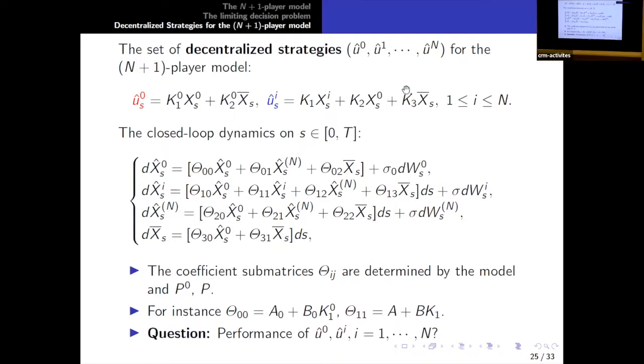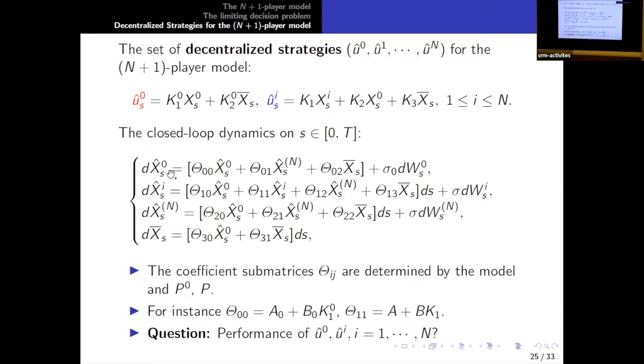So suppose we have solved the two master equations, then we can construct the decentralized strategies for the n+1 players. So we have the leader and the n followers. In the end, we can write down the closed loop dynamics.